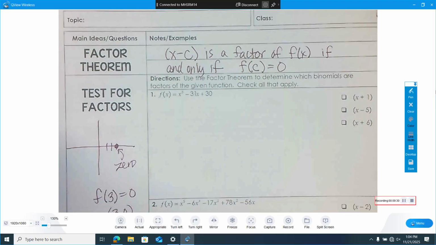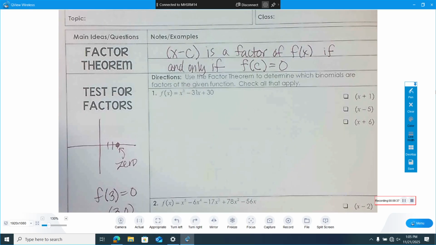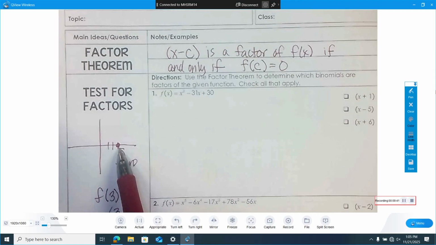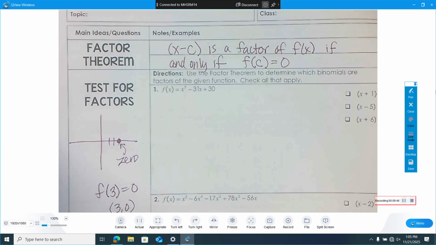That really means it has a remainder of 0, and as I mentioned yesterday, factors divide evenly. 3 goes into 24 8 times, remainder 0. And it gives us a really good point on our graph, those points that we're always interested in.